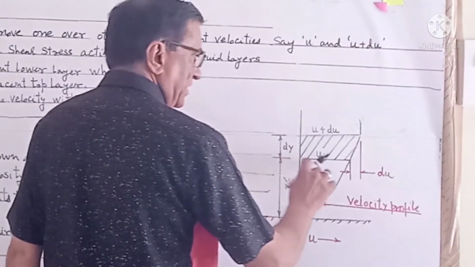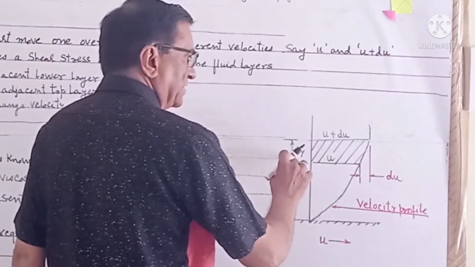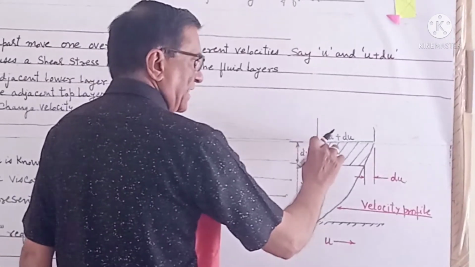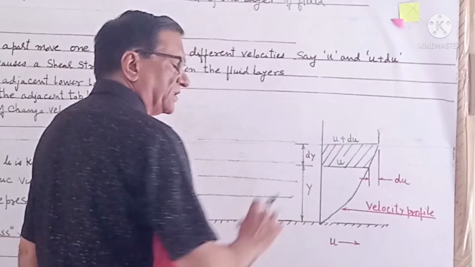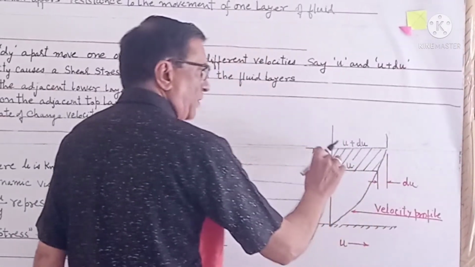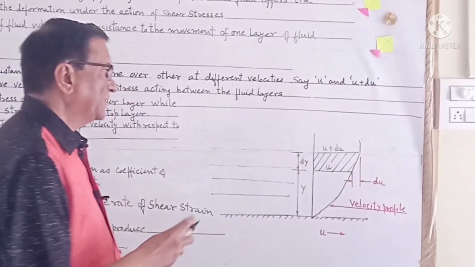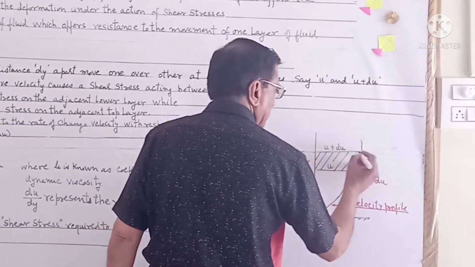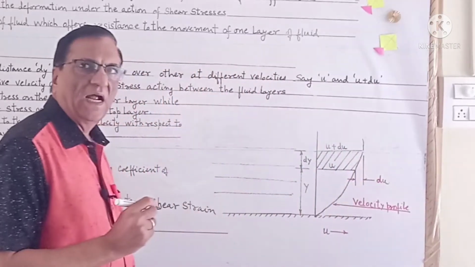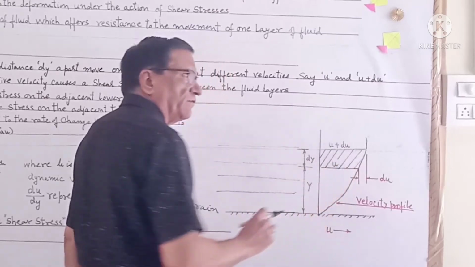Suppose the velocity is u, and then we consider a layer, upper layer at a distance dy. In that case, the velocity of top layer will be u plus du. We observe that the top layer has the maximum velocity and the lower level has somewhat less velocity.